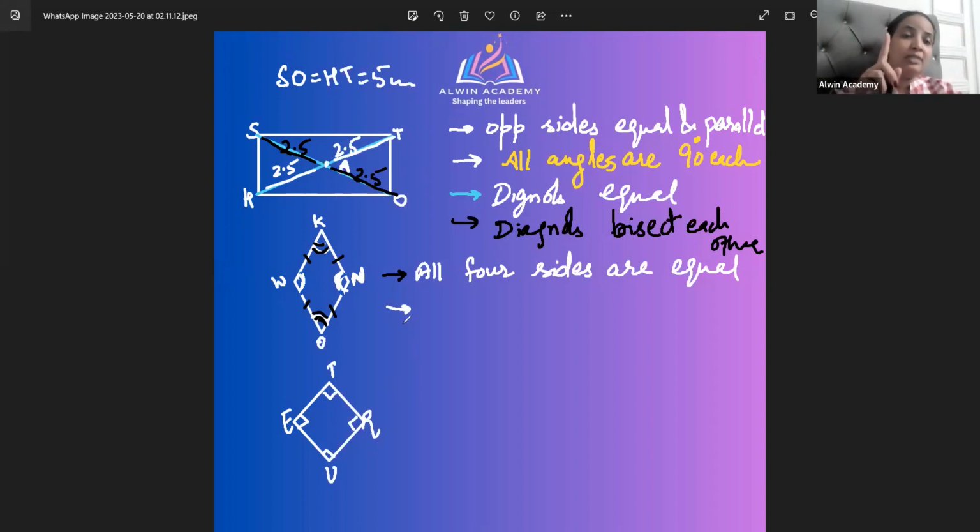All four angles are not equal in a rhombus. When all four angles become equal, that rhombus becomes a square. So when I say it's a rhombus, that means the opposite angles are equal. And if one pair is acute, the other pair is obtuse.